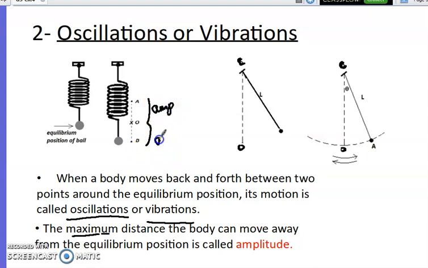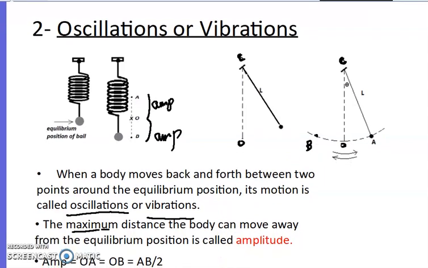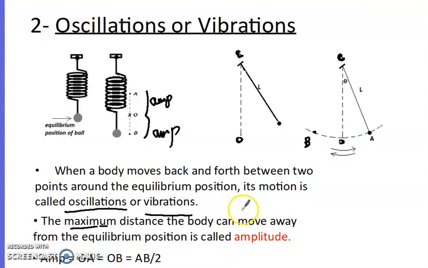Okay? Here also amplitude. Similarly, O to A or O to B, if this is B and this is the maximum displacement, this is called the amplitude. Remember this from last year and the year before. Okay, fine.